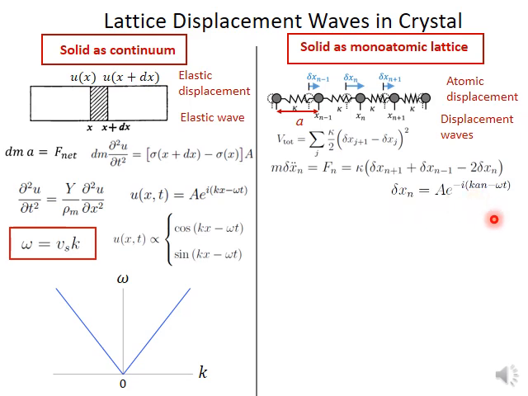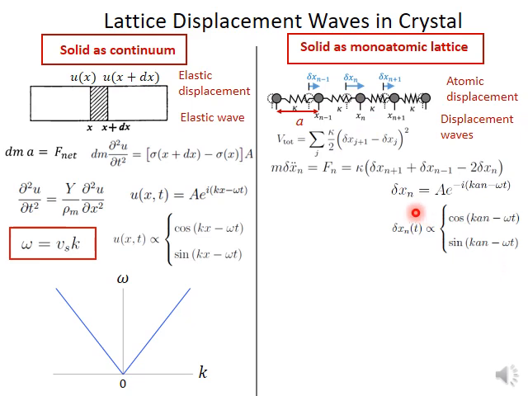So what were the consequences of assuming such a wave solution as compared to a wave solution like this, which has a continuum-like nature? Just to reiterate, you have a solution of this form, but the physical situation represents either the real part or the imaginary part of this solution, depending on the initial condition for that particular nth atom.